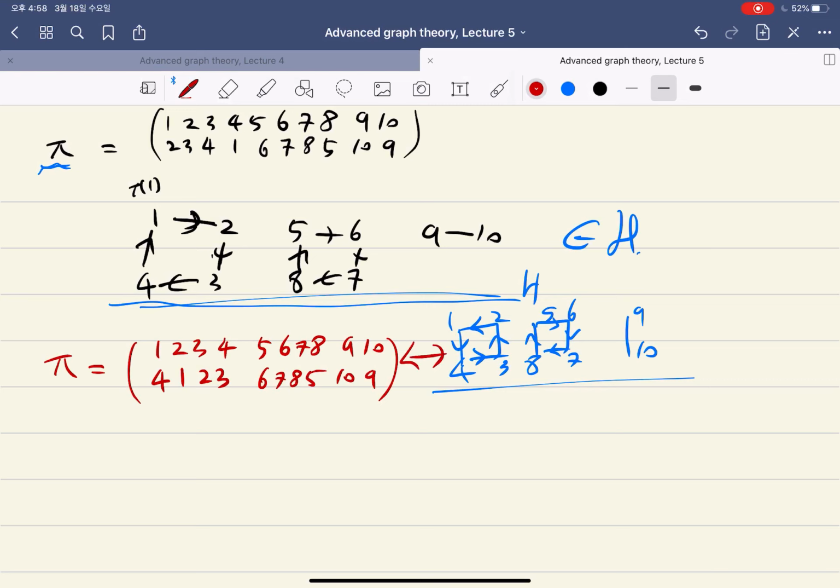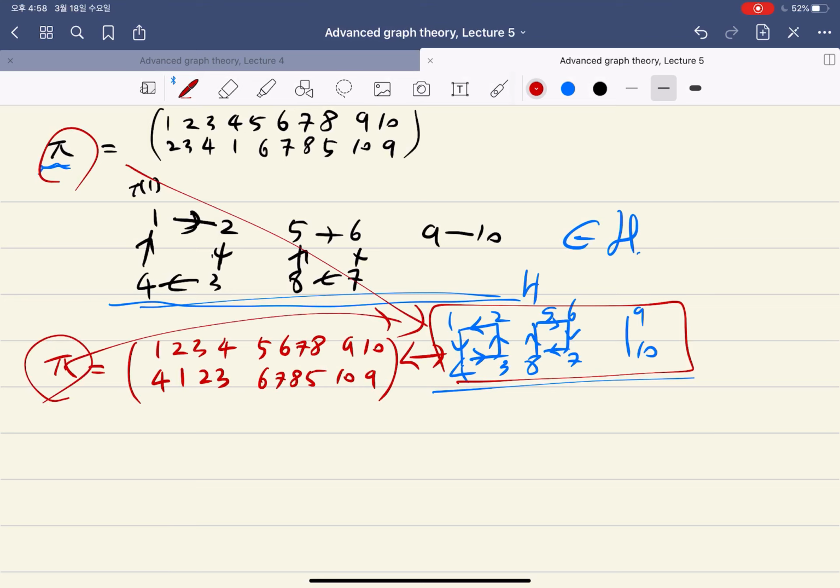So this also corresponds to the same graph H. And how many pi's correspond to the same graph H?